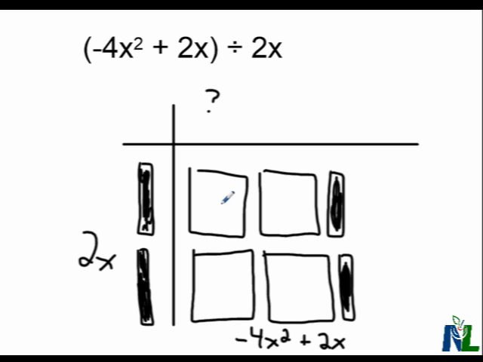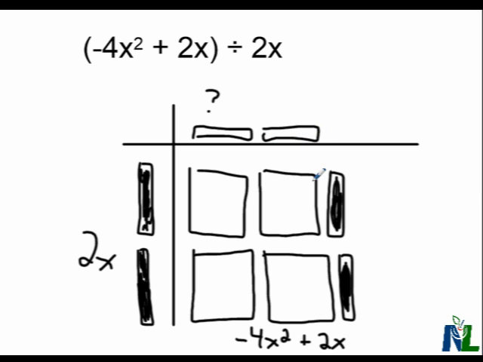So I know that this tile must be negative to start. In order to go from an x to an x squared, I need to be multiplying by an x tile. So this must be a negative x. Now, that's going to be the same thing for this one as well, because positive x times negative x is going to give me a negative x squared.